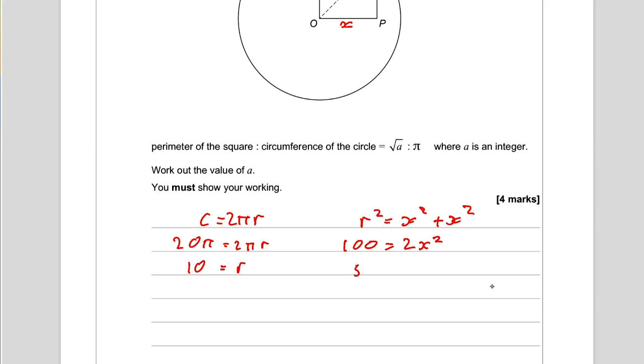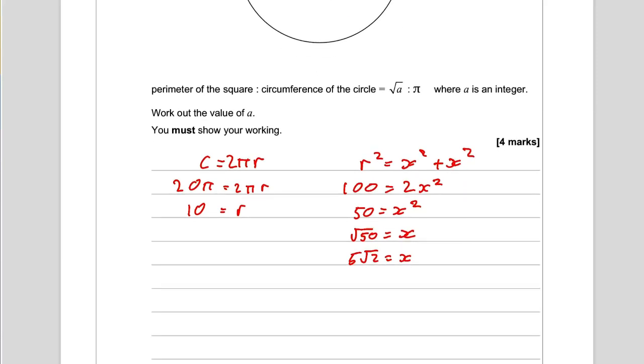So 50 is equal to x squared. If I square root both sides, root 50, and we only want the positive value here because we're dealing with a length, that would be 5 root 2 is equal to x. But we want the perimeter of the square, so the perimeter is going to be 4x, which is 20 root 2.